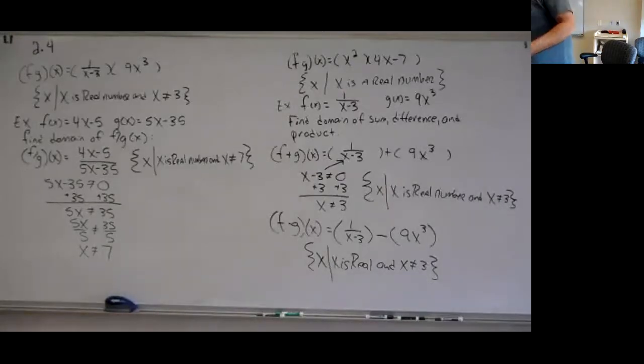Okay, so remember in this section, when you're looking at a domain, you're just looking for any numbers that make it undefined. And you're only worried about fractions in this whole section, okay? Now remember, later on in life, we have to worry about domains when we start messing with the radicals, like the square roots and stuff.